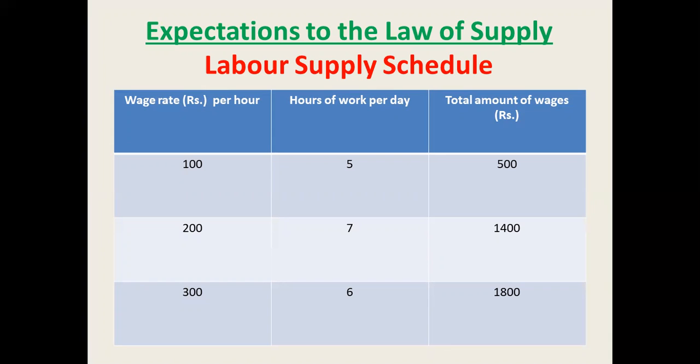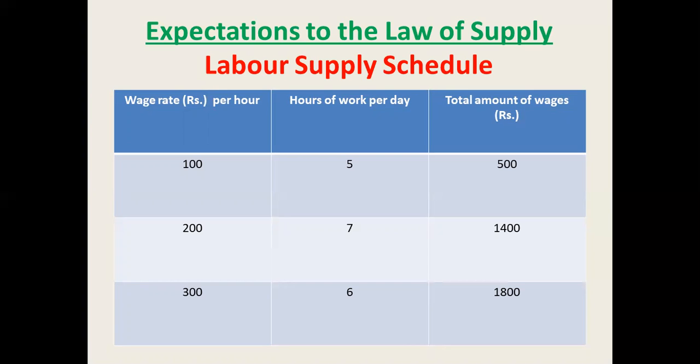The total amount of wages is 500, because the rate is 100 rupees per hour and the laborer works 5 hours. At the next stage, the wage rate increases to 200 rupees per hour. The hours of work per day also increase because workers will accept the higher wage rate. So the hours of work per day is 7, and the total amount of wages is 1,400 rupees.